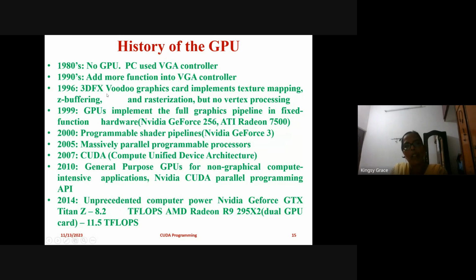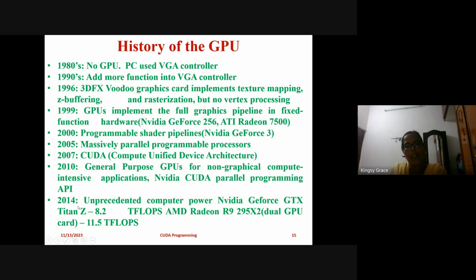Programmable pipelines, that is the Nvidia GeForce 3, were released in 2000. By 2007, the Compute Unified Device Architecture, CUDA, was established. It is an API used for programming GPUs. In 2010, general purpose GPUs for non-graphical, compute-intensive applications came, which NVIDIA developed with the help of the CUDA architecture.